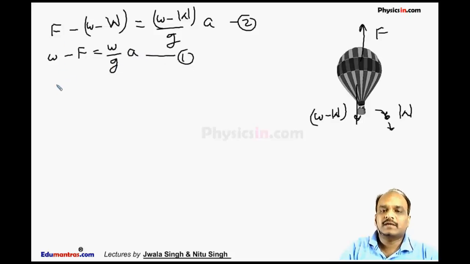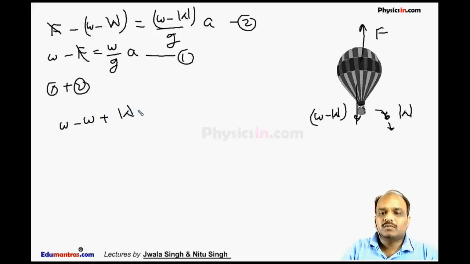If we add first and second, this F will cancel out, and we get W minus W plus w is equal to (2W minus w) into a by g.